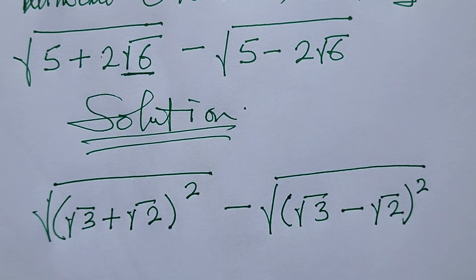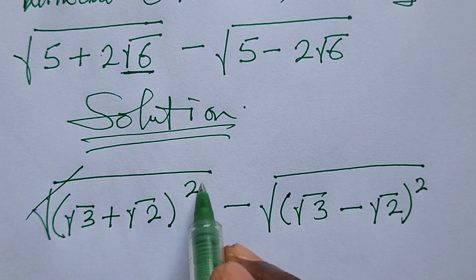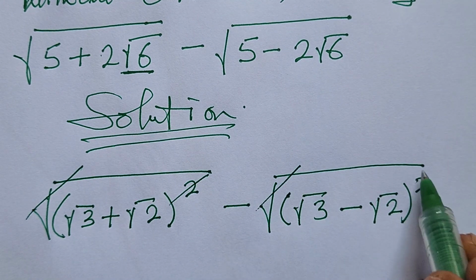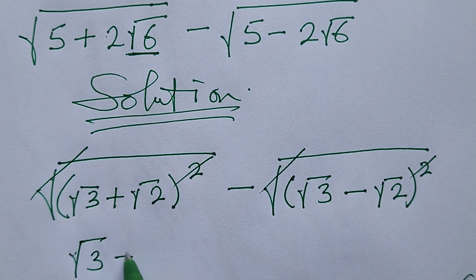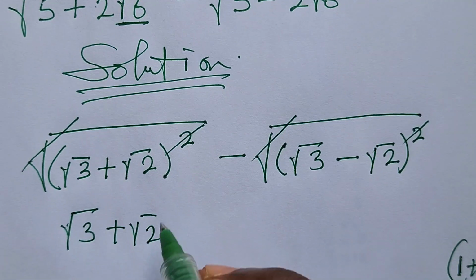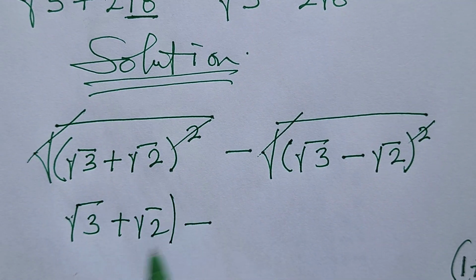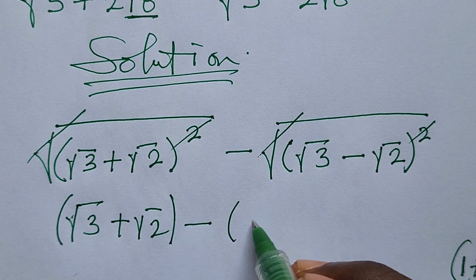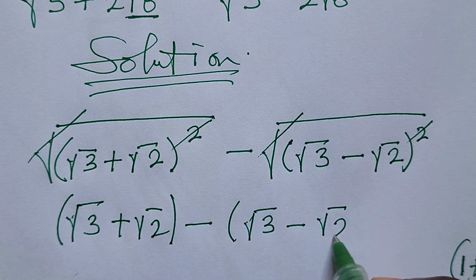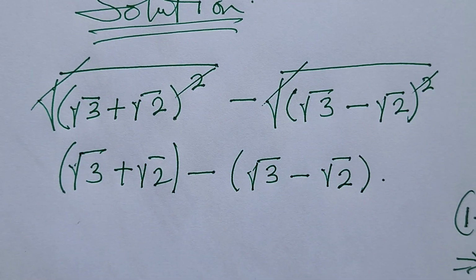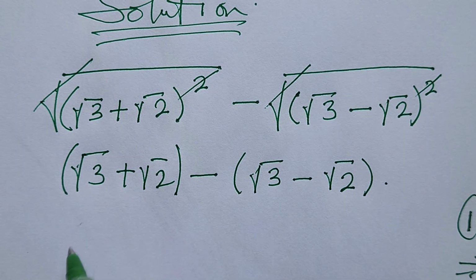Easy, right? Good. So from here, this radical goes with this square, then this goes with this. So we now have the square root of 3 plus the square root of 2, then minus, let's put this in bracket, the square root of 3 minus the square root of 2. Easy, right? So let's go ahead and open up this bracket and see what this gives us.